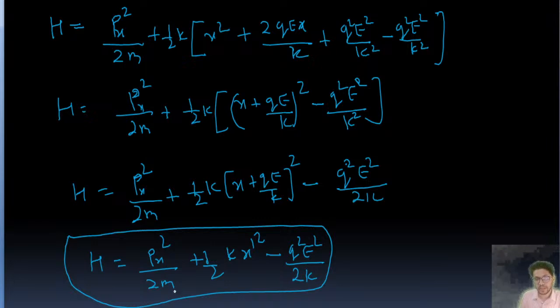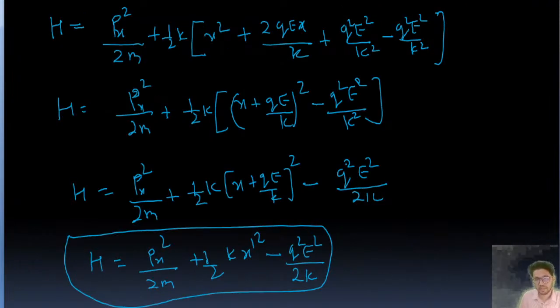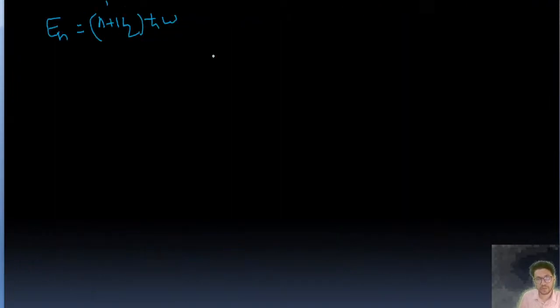Now we have this. The energy of the perturbed Hamiltonian, Px squared upon 2m plus half k dash x squared, is going to be n plus half h cut omega, and there is one more extra term, minus q squared E squared upon 2k.